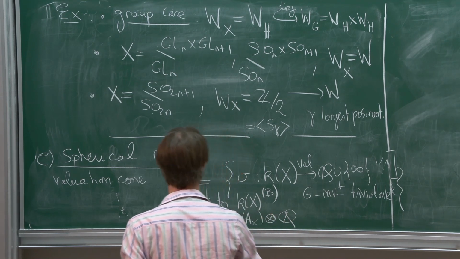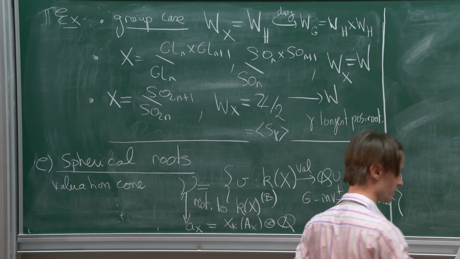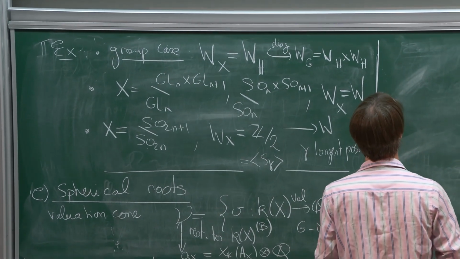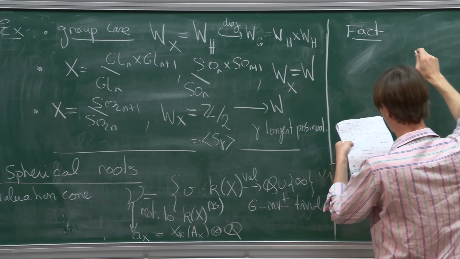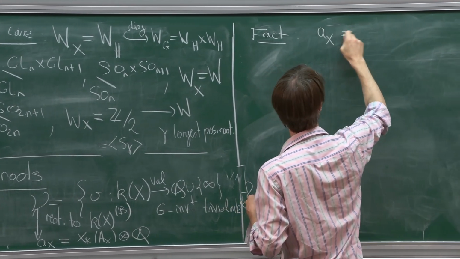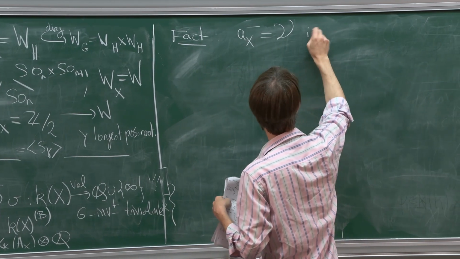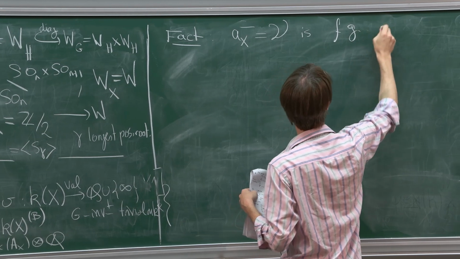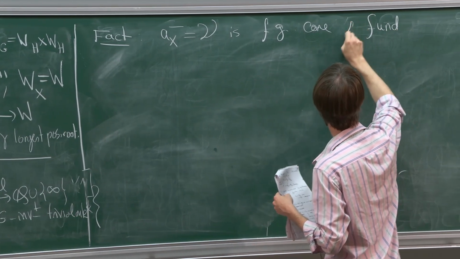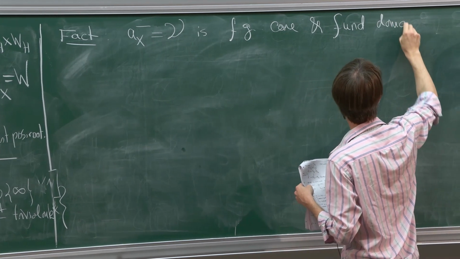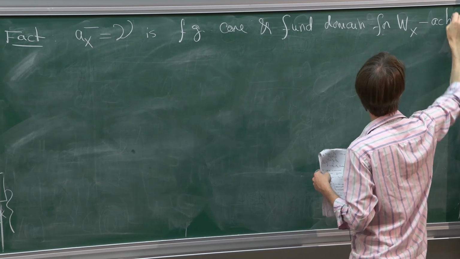And it turns out that this is always injective. And here's the point. This is a fact proved by Brion and then reproved by Knop, that AX minus, which is the image of this valuation cone, is actually a finitely generated cone and a fundamental domain for the action of the Weyl group.